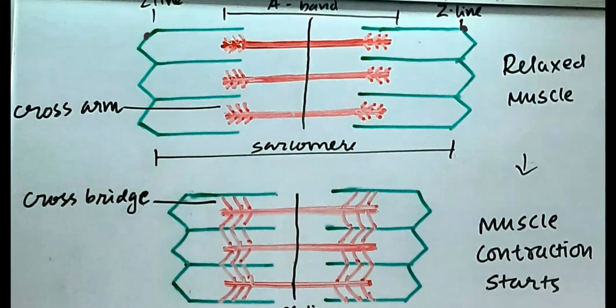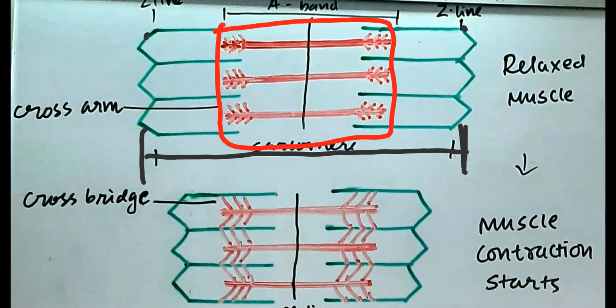चलो, इस Z लाइन से इस Z लाइन तक के डिस्टेंस को क्या कहेंगे? Yes, which included one entire A band and two half I bands, one on either side.